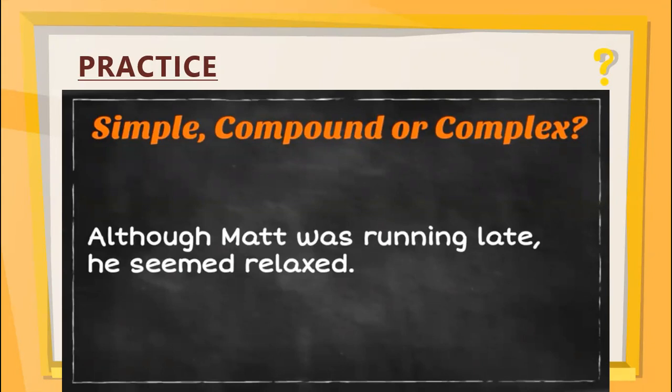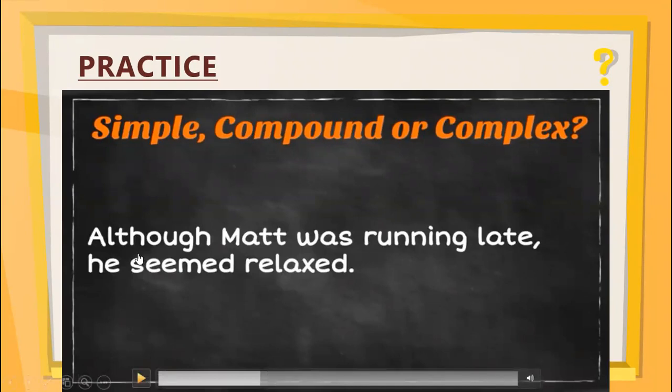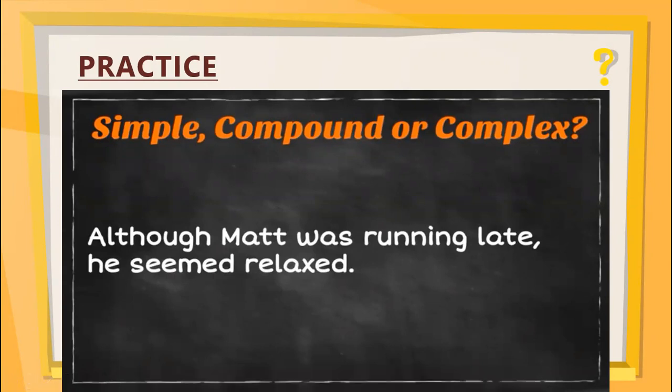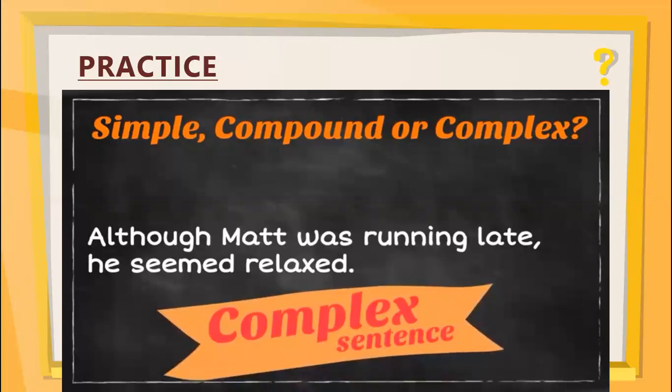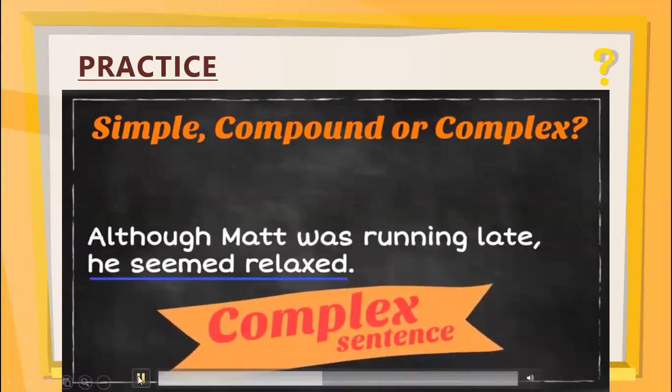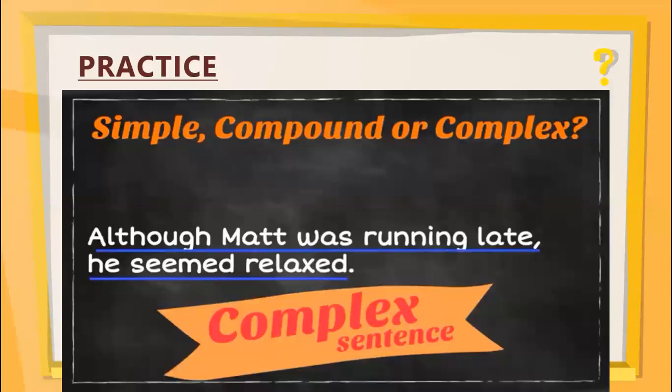It is complex, because of "although", one of the rabbits. That's right, it's a complex sentence. It has an independent clause, which is a completed thought, and a dependent clause, which isn't a completed thought.